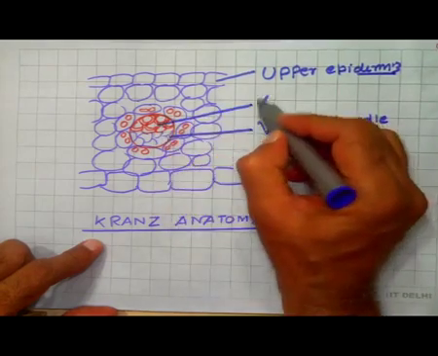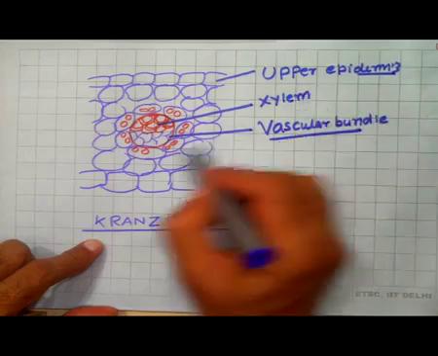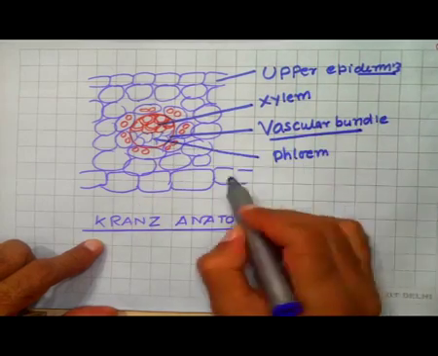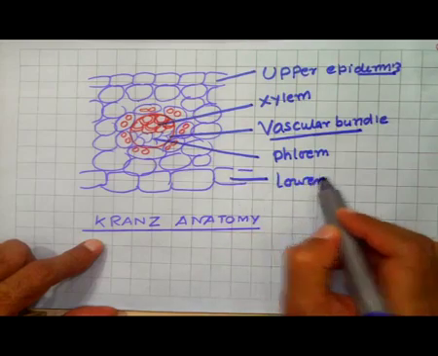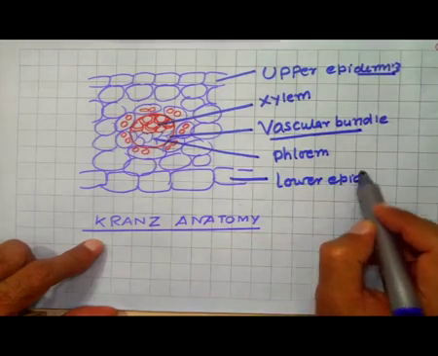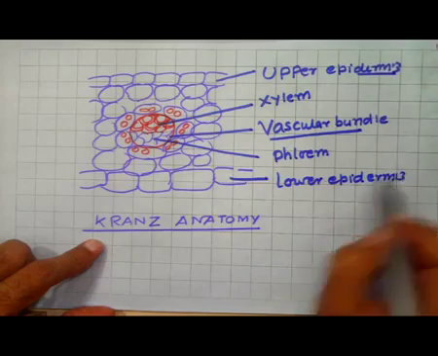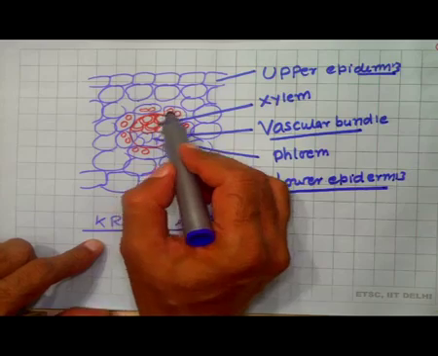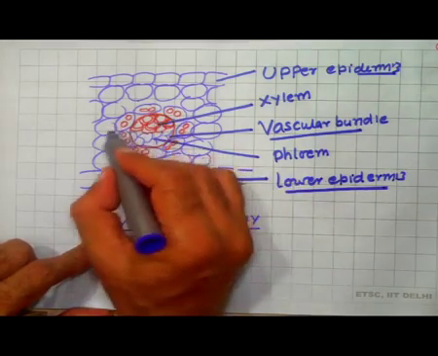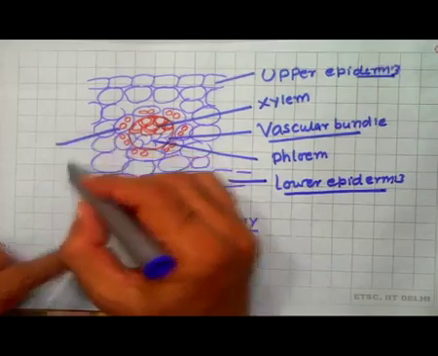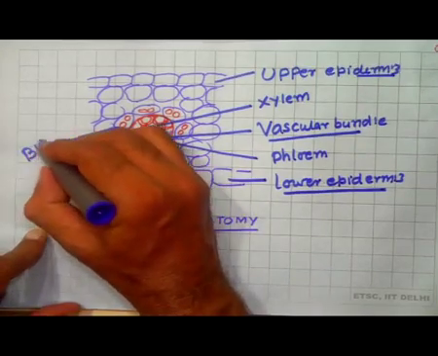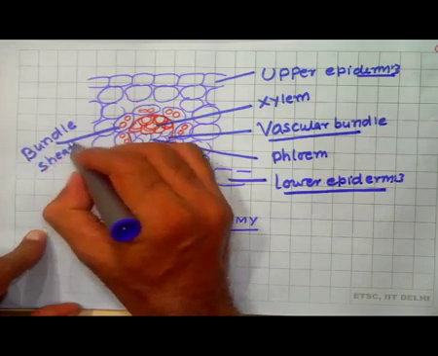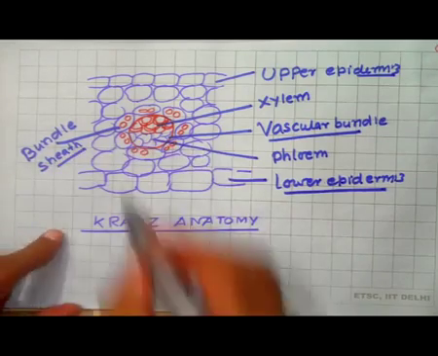This one is xylem, this one is phloem, this one is the lower epidermis. Here is a specialized tissue, a specialized sheath which covers the vascular bundle, called the bundle sheath. And this one is mesophyll.